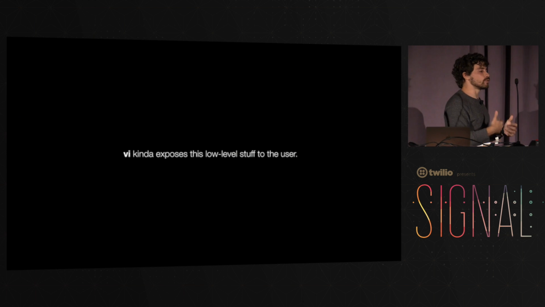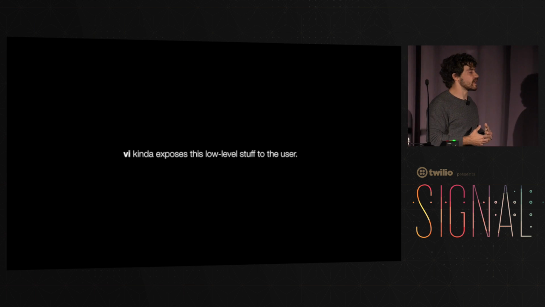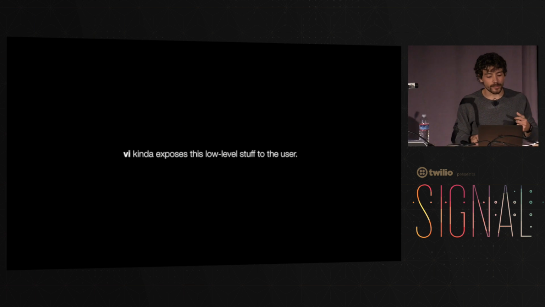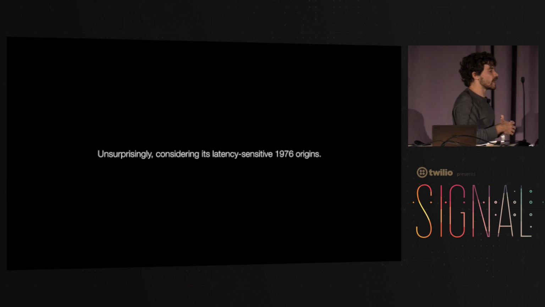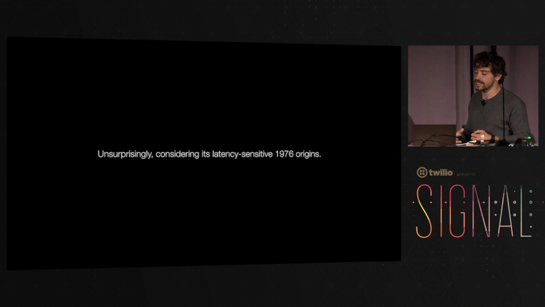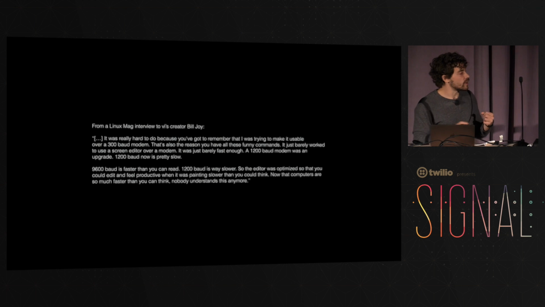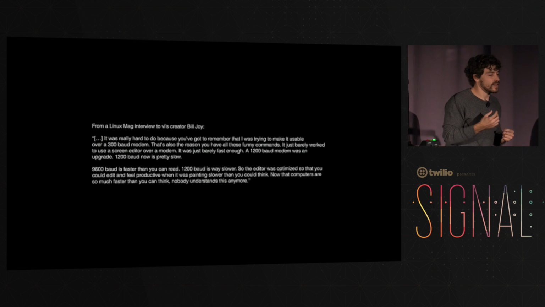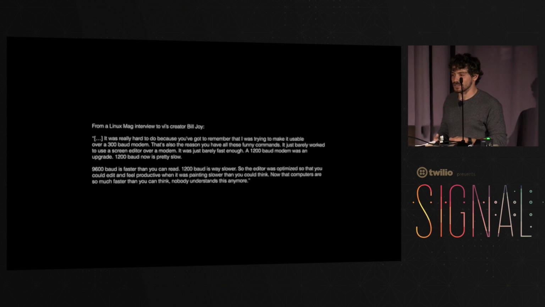It's sort of a low-level way of editing text, and actually there's an editor that takes this one step further, which is called ed. But unsurprisingly, we have this approach even today, even though VI was created in 1976, because it was created at a time when bandwidth and latency was actually very essential to think about.